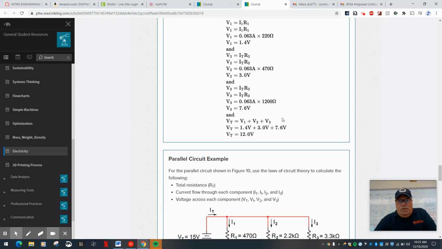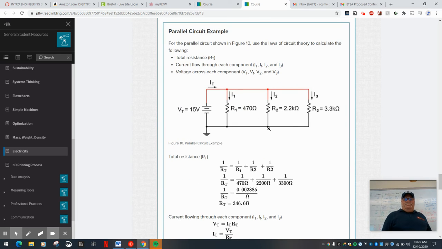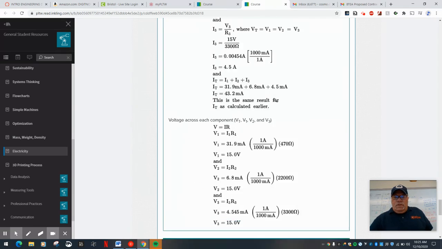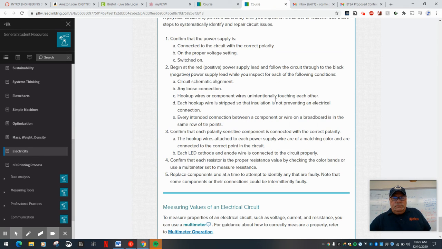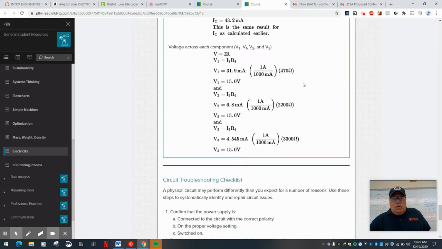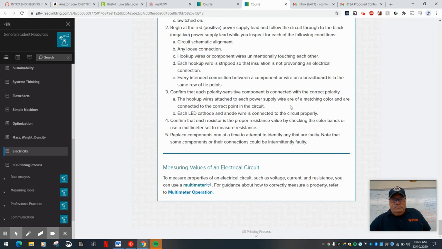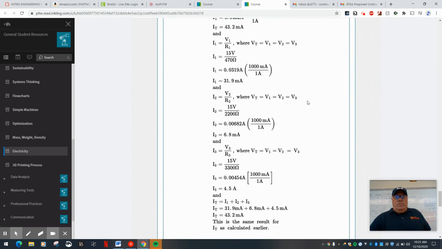And you go through it, and then that should all add up to 12 volts. If it doesn't, there's a problem. We're almost done.